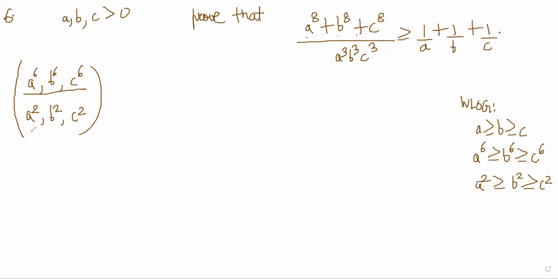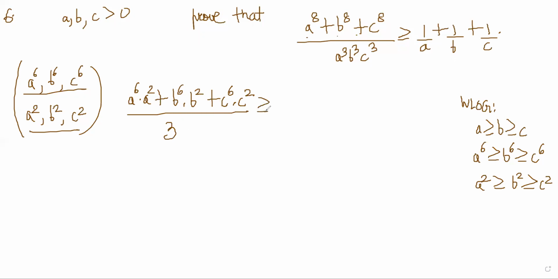So if these sequences are similarly sorted, then I have (A power 6 into A square plus B power 6 into B square plus C power 6 into C square) by 3 is greater than or equal to (A power 6 plus B power 6 plus C power 6) by 3 multiplied by (A square plus B square plus C square) by 3, right?